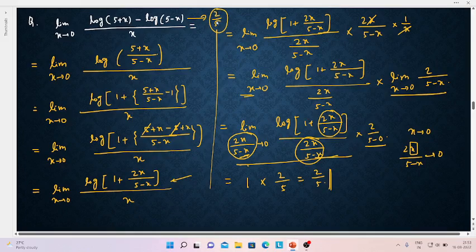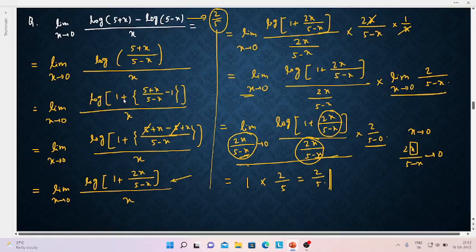I think you understood what I actually did in this particular question. I first used the logarithm property. After that I tried to make this particular thing as 1 plus something. In order to make 5 plus x upon 5 minus x as 1 plus something, I have to write it as 1 plus 5 plus x upon 5 minus x minus 1.